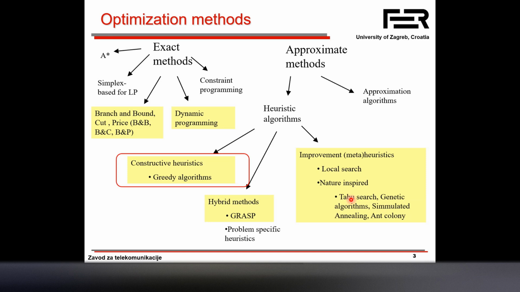As opposed to constructive heuristics, where we start with an empty solution and construct an initial solution, with improvement heuristics we assume we have either one solution or a population of solutions, depending on whether we're using single or population-based heuristics, which we then try to improve. So going through each iteration, we try to improve that solution.